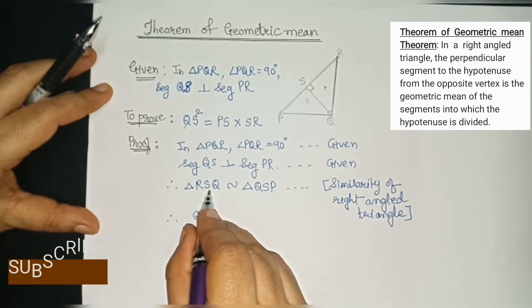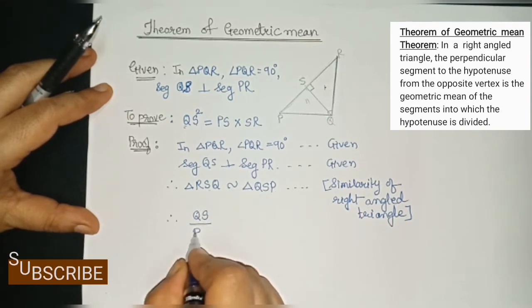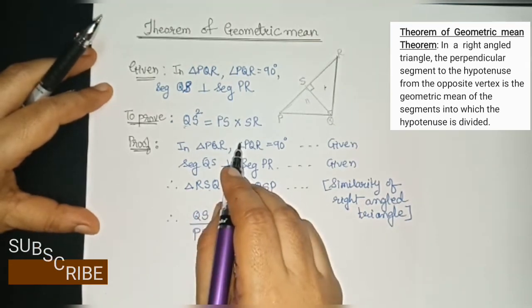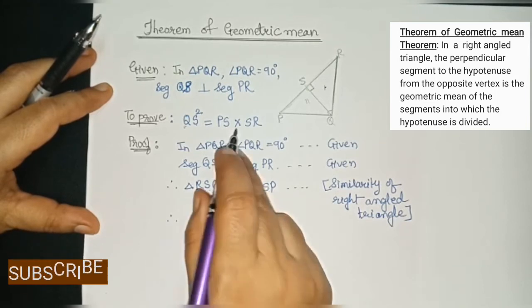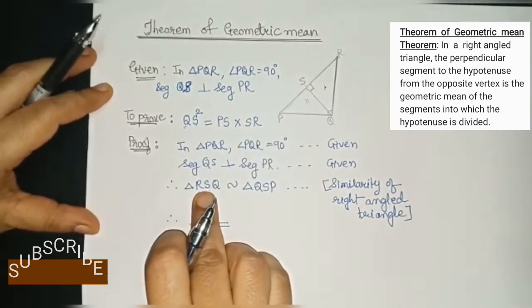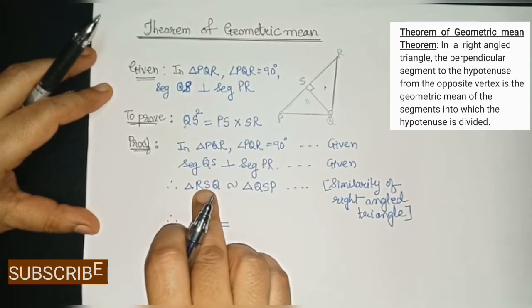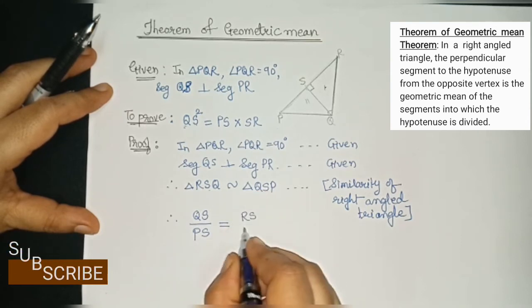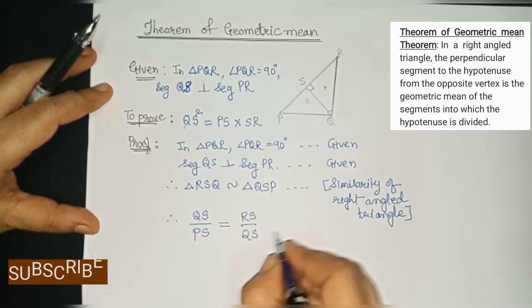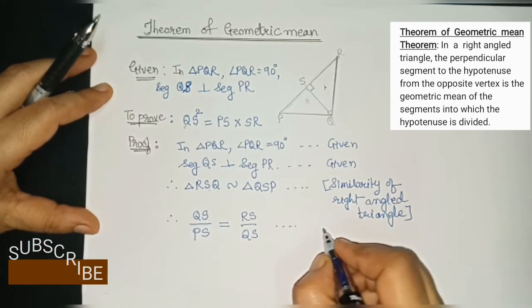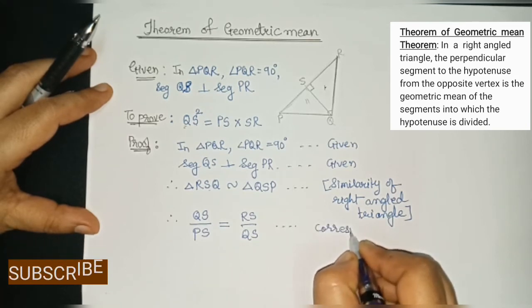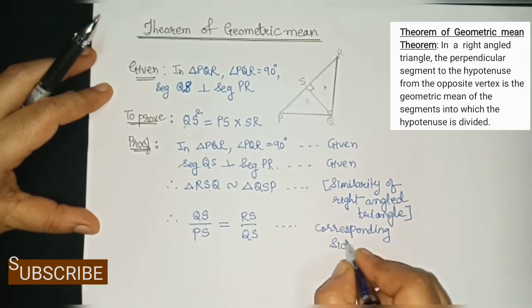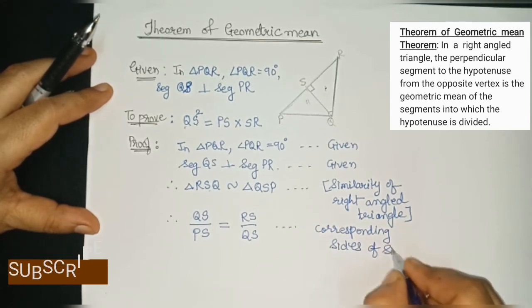QS is corresponding to PS, which is equal to RS corresponding to QS. Here we can write it as RS or SR, either way. The reason is corresponding sides of similar triangles.